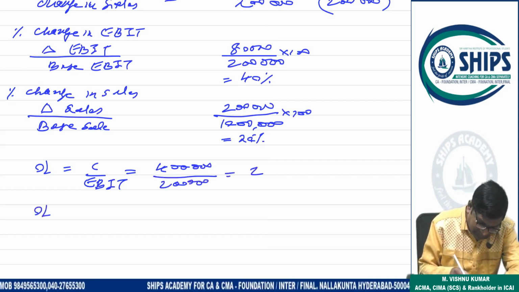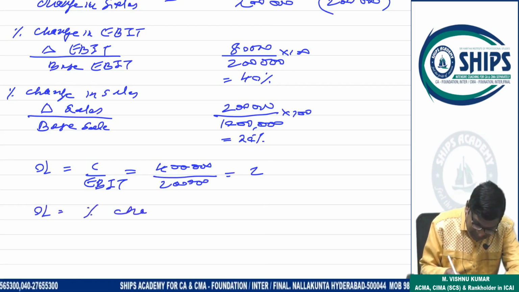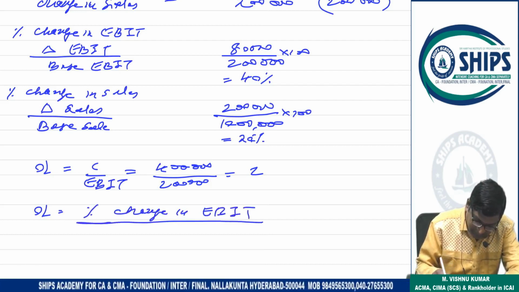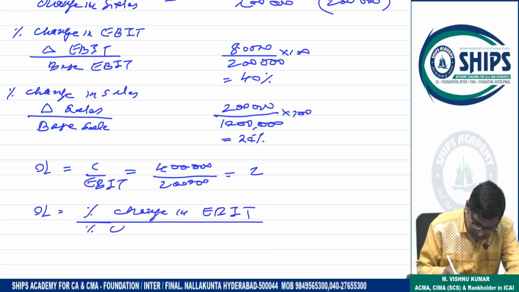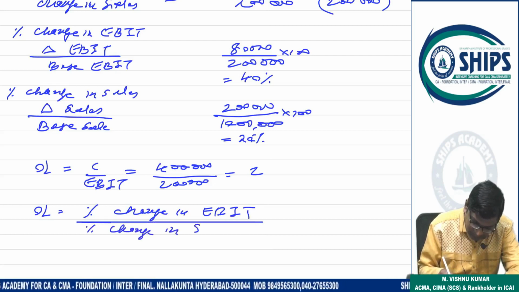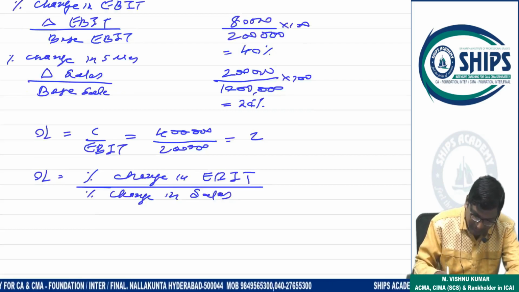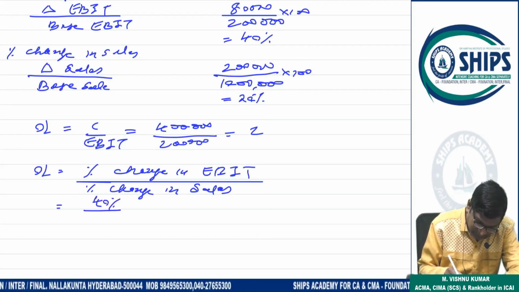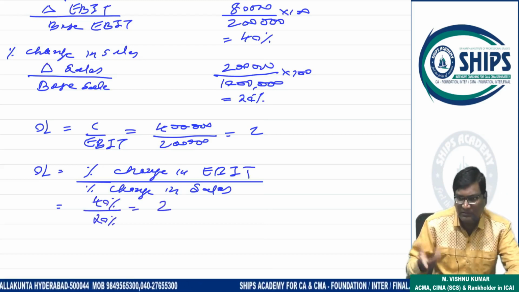Other formula, और एक formula भी है ना? Percentage change in EBIT by percentage change in sales. तो percentage change in EBIT 40 है, percentage change in sale 20 है, कितना रहा? 2. That's it.